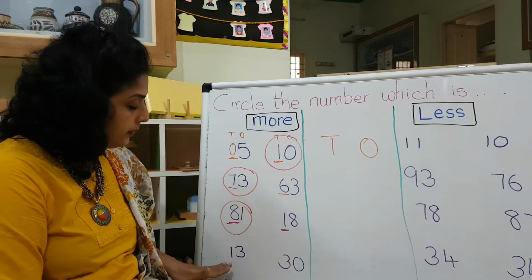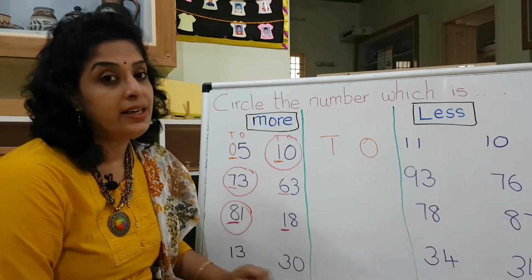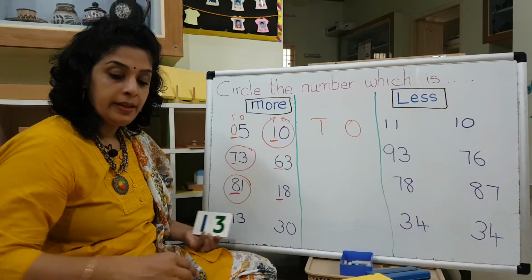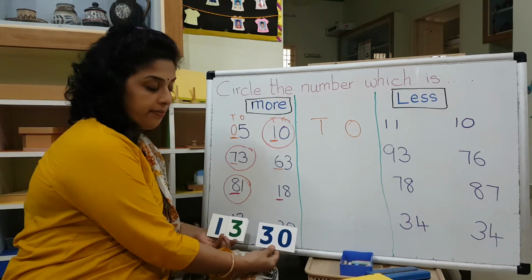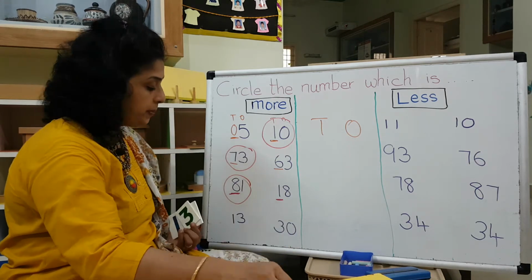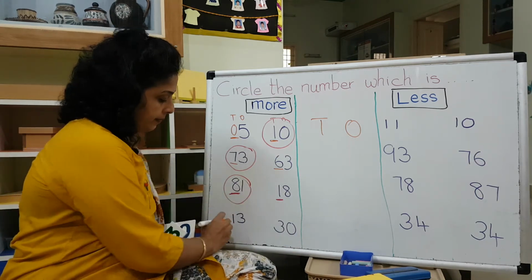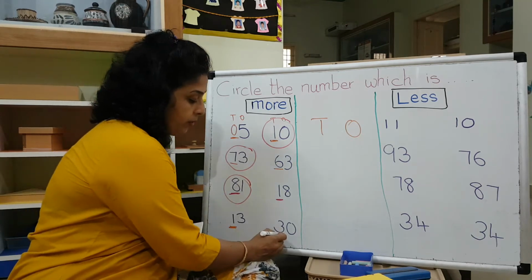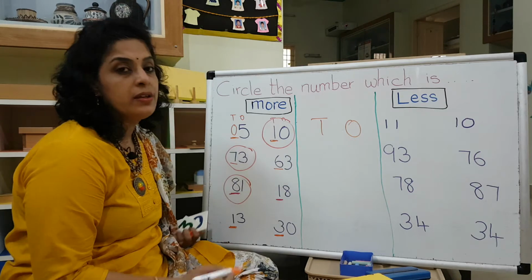Next one. 13 and 30. 13 and 30. What I told you, check the tens place. Tens place what is there? 1. What do you have here in the tens place? 3.